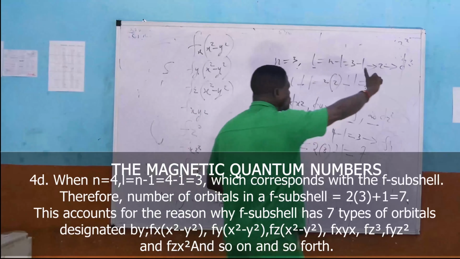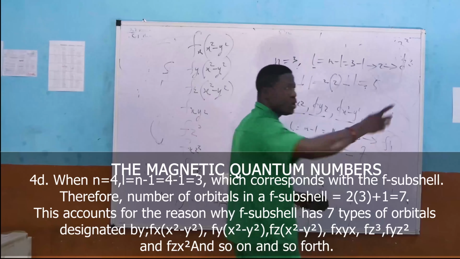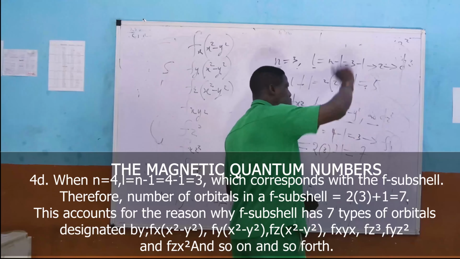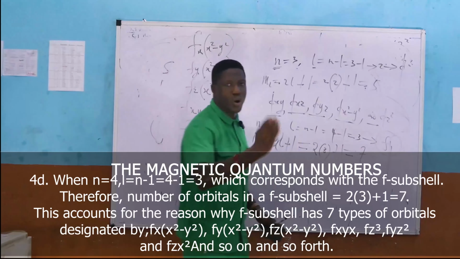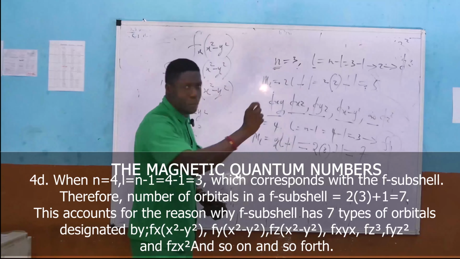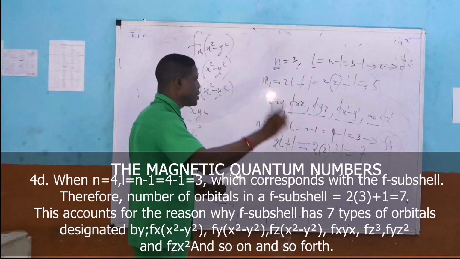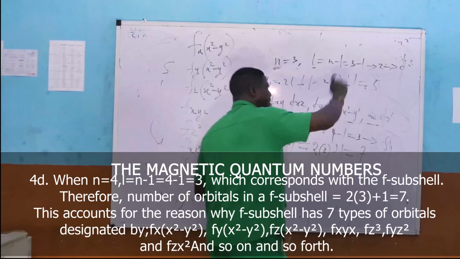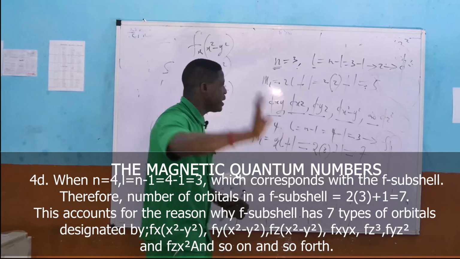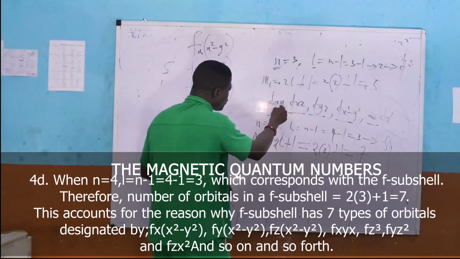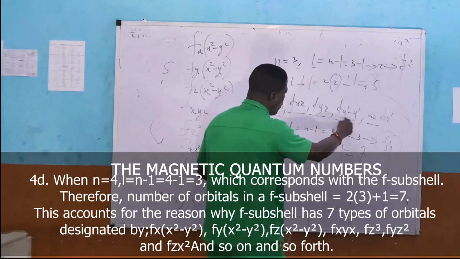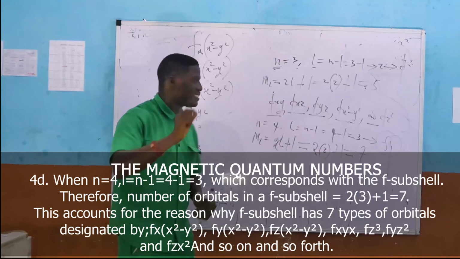Inside of the S subshell, there is only one subshell. Inside of the P subshell, there are 3 subshells, known as the Px, the Py, and of course the Pz. Inside of the D subshell, there are 5 subshells, known as dxy, dxz, dyz, dx squared minus y squared, and of course dz squared.